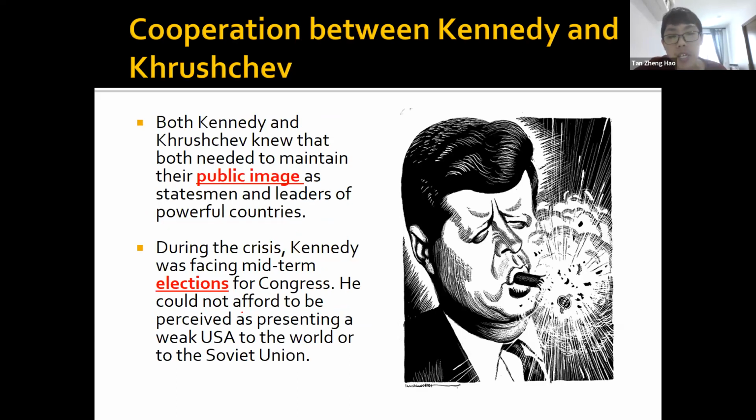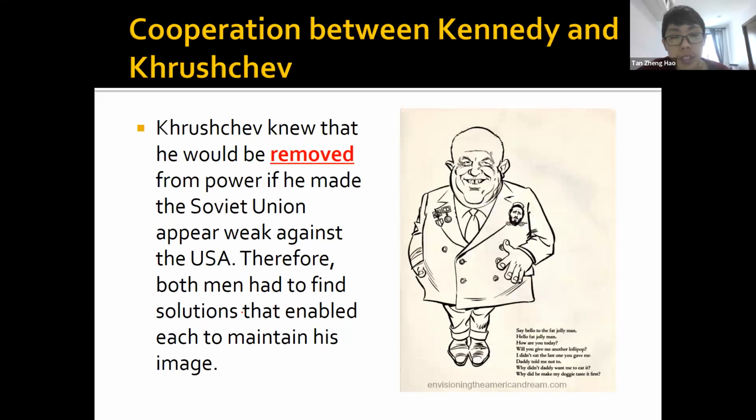Both countries wanted to maintain their public image, so these things make it a bit complicated. You want to have peace, but you also don't want to appear weak by giving in to the demands so much. Especially for President Kennedy, he needs to fight an election. He needs to appear strong and tough. And Khrushchev also, although he's a dictator, knows that there are other people in the Soviet Union that can get rid of him if they really want to.